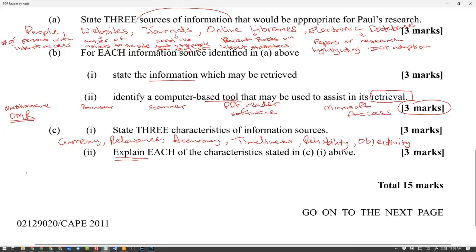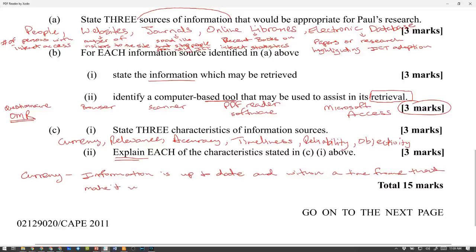For currency: means the information is up to date and within a time frame that makes it useful.